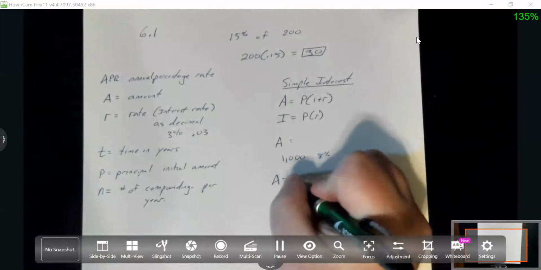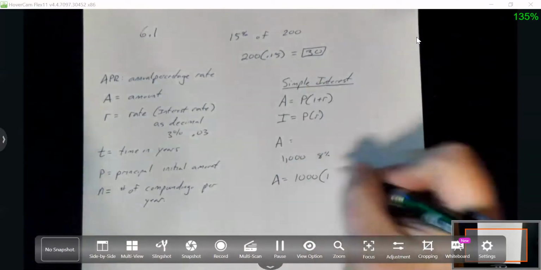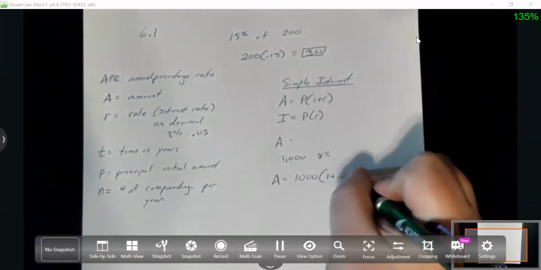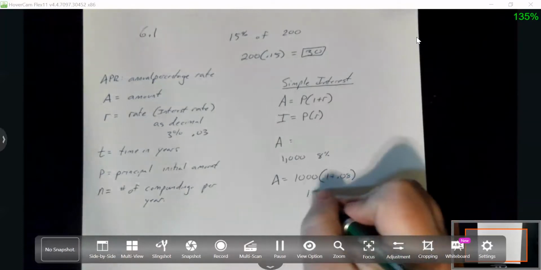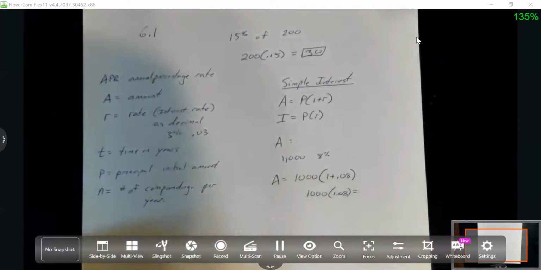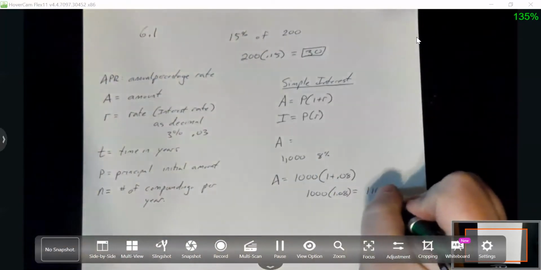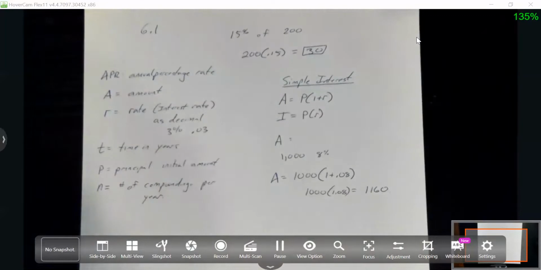The amount would be equal to the $1,000 initial investment times 1.08. We multiply it through and end up with 1,080.